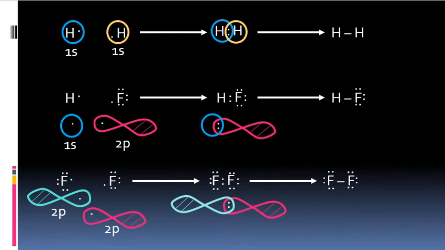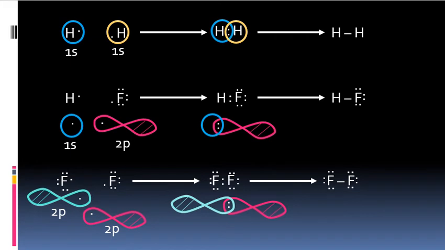And that 1s orbital will overlap with part of the 2p orbital on fluorine to essentially give an area of overlap where those bonding electrons will become localized. And in the case of fluorine, each fluorine has a 2p atomic orbital that can come together and overlap in between both fluorine molecules to essentially have an area of overlap where those bonding electrons will be.